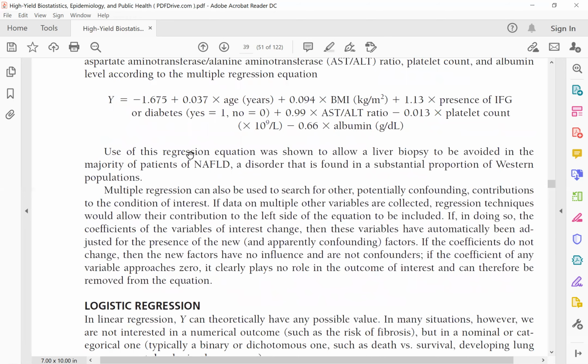Use of this regression equation was shown to allow a liver biopsy to be avoided in the majority of patients with NAFLD, a disorder that's found in a substantial proportion of Western populations.